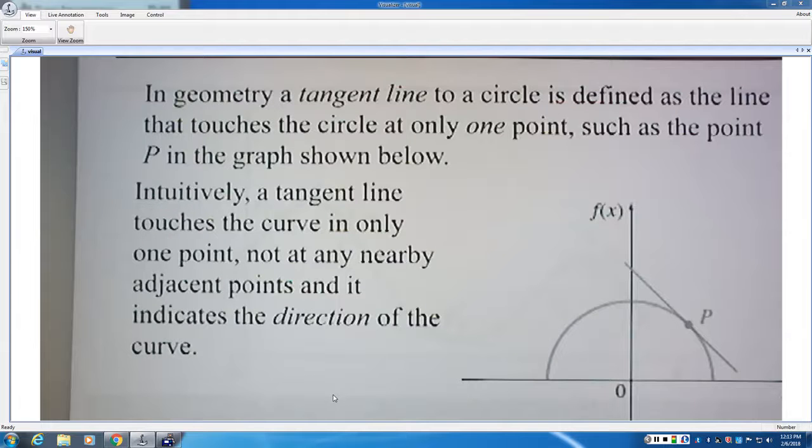The tangent line touches it in one point, not at any nearby adjacent points. It doesn't go through 2 points. It goes through 1 point on the curve. And the other requirement is that it indicates the direction of the curve. Okay? It actually indicates the direction of the curve.